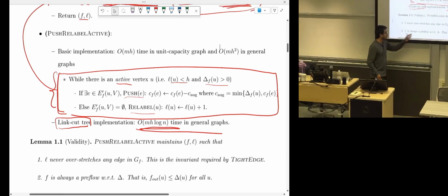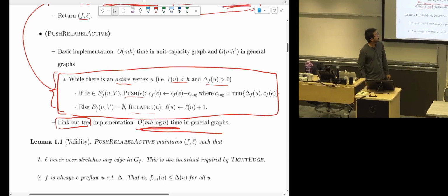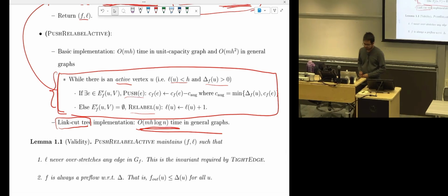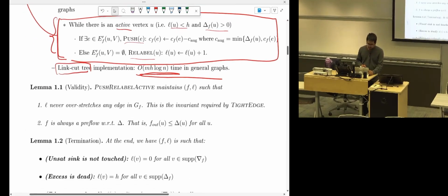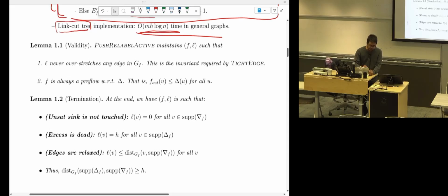And also F is always a preflow. This is an invariant we have at all times.